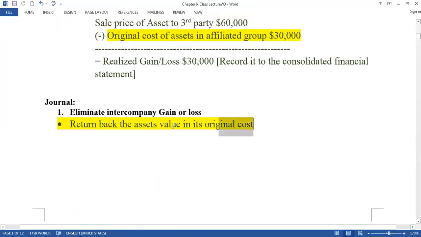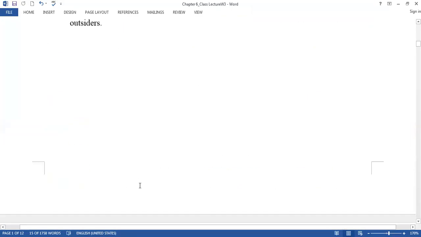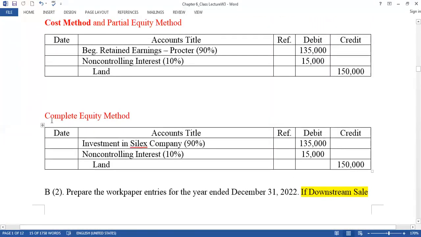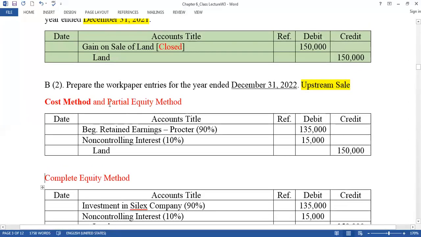Don't forget our purpose. We have these two purposes: eliminate intercompany gain or loss and return the asset to its original shape. So for gain or loss, we first eliminate from the subsidiary, then we eliminate from consolidated retained earnings, if it is the cost method. If it is the equity method, according to the textbook, if it is partial equity, then you can also record beginning retained earnings. But in the case of partial equity method, you can also write investment.